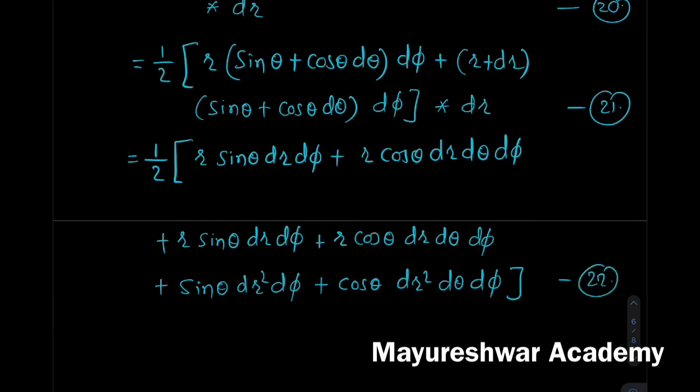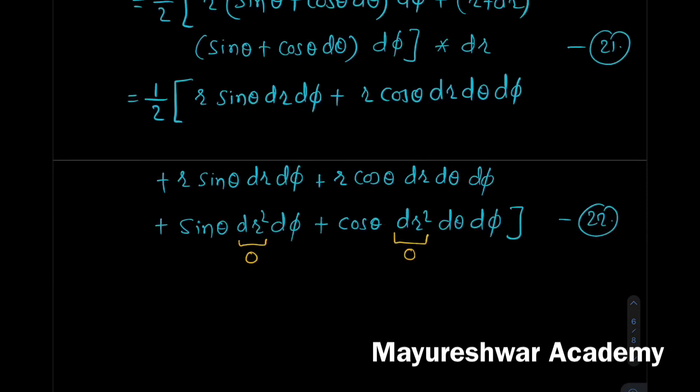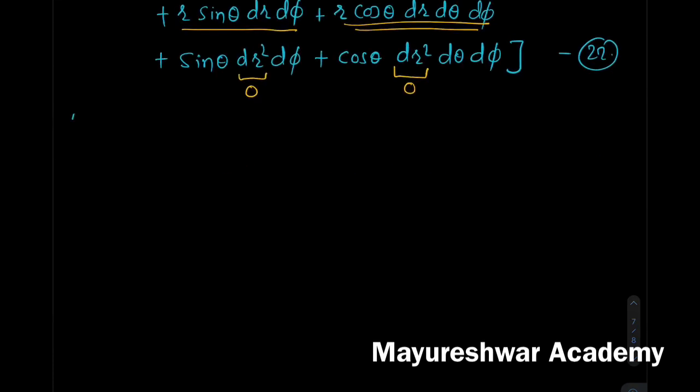Now these dr square terms will go off, they are 0, and these two are identical terms, so they will get added, r sine theta, and similarly these two. So let us simplify now.